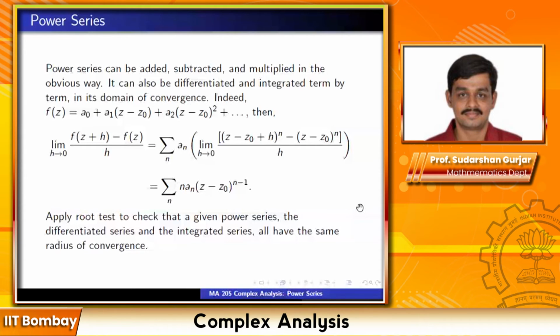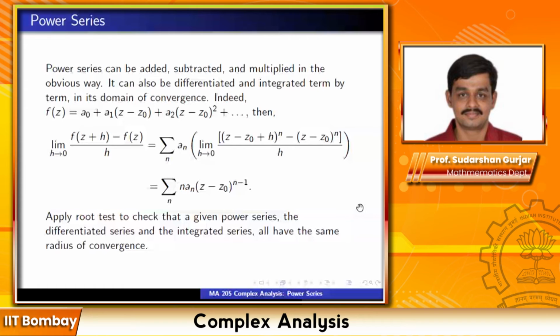This is kind of obvious, because when you apply the root test, the extra term you get is the nth root of n. It's almost like the original series, except for a multiplication factor of n, and the nth root of n goes to 1 as n tends to infinity. So it's immediately clear that the radius of convergence does not change.